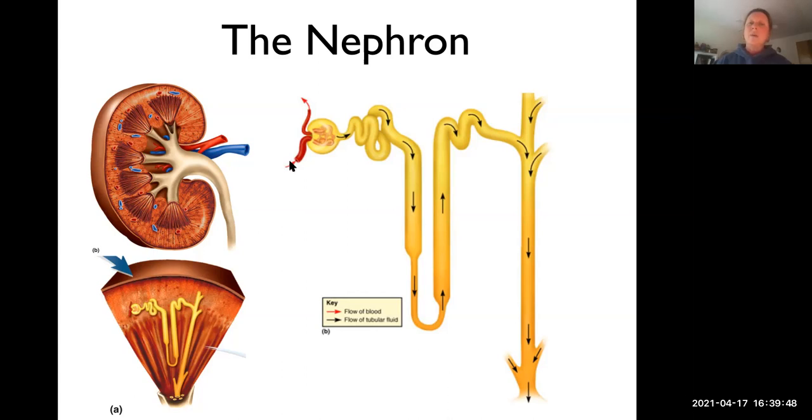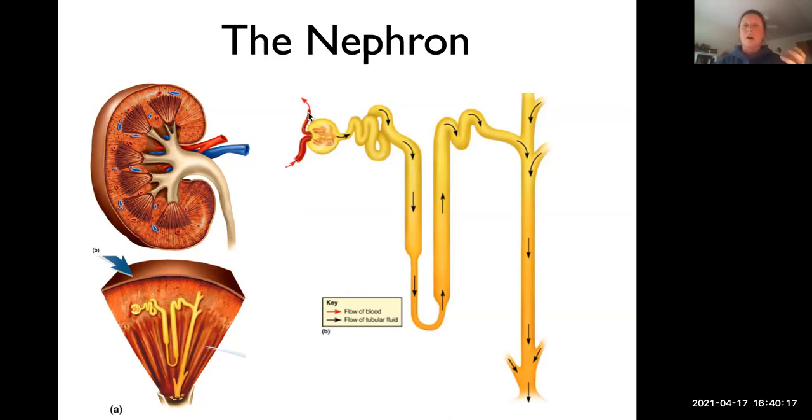Okay, so here is one place where the circulation intersects with the renal anatomy. All of the yellow here is the nephron, but the nephron has to receive blood in order to filter it. And so what you see here are some arterioles, one that brings blood into this capsule, this ball that we're looking at, where it forms a capillary bed.